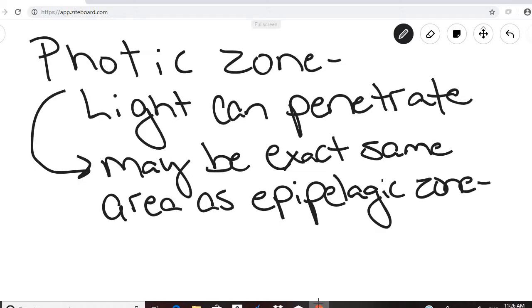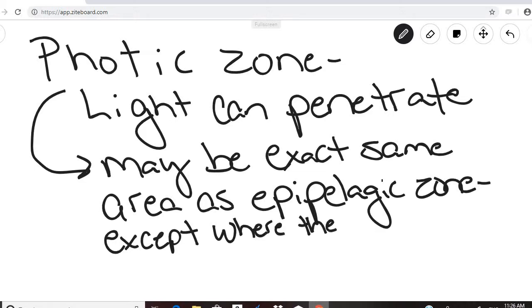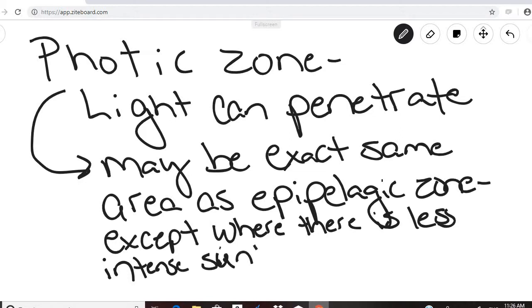However, the photic zone could be smaller than the epipelagic zone, like in areas where there's less intense sunlight, or where the water isn't clear.